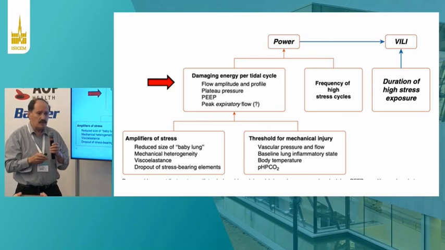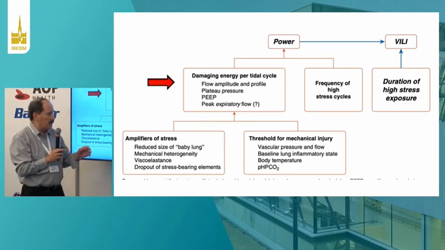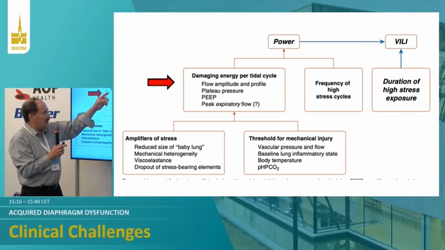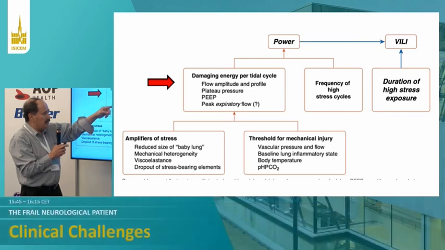Now, it's a very peculiar type of power. And again, we'll touch on that in a moment. But this damaging energy per cycle is influenced by the flow amplitude in its profile, the plateau pressure, the PEEP, and possibly the peak expiratory flow contributes to damage.